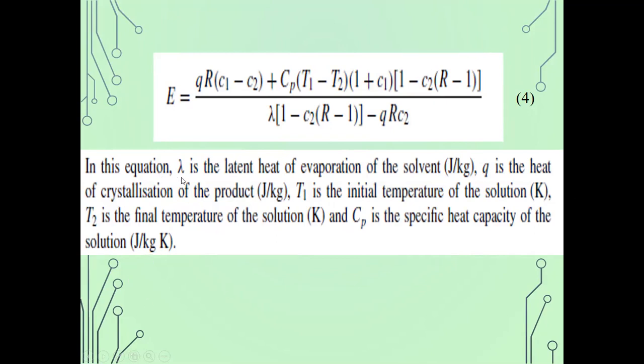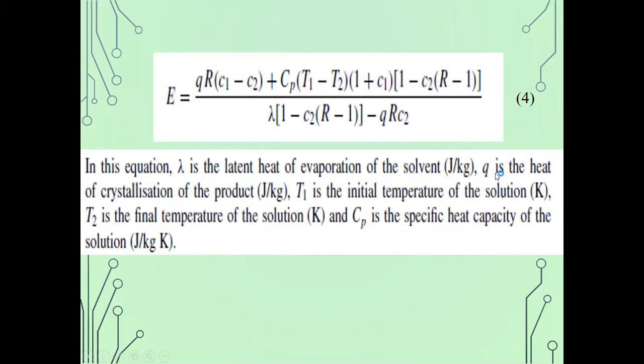In this formula, the lambda that you see is the latent heat of evaporation of your solvent, referring to your water. And since it's lambda, or latent heat of evaporation, you will need the temperature. That way you can read this out from the steam tables, because most of the time our solvent is just water. Your Q is the heat of crystallization of the product. This one has to be given by the problem.